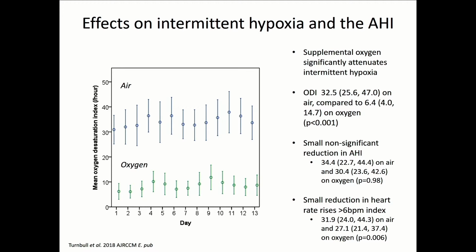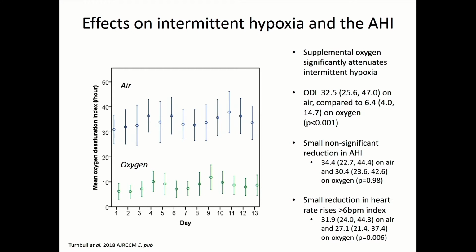What you can see from the graph here is that on air, there was a rapid return of intermittent hypoxia on night 1, whereas supplemental oxygen markedly attenuated intermittent hypoxia throughout the study, with a reduction in the median ODI from 32.5 to 6.4.